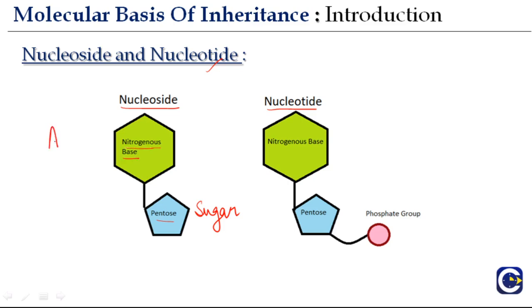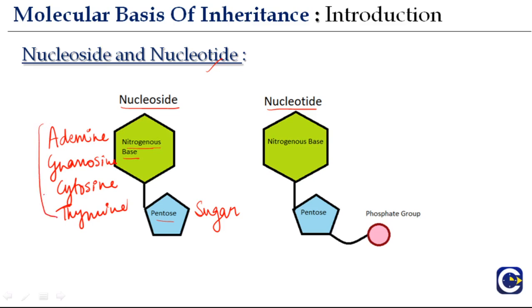And what is a nitrogenous base? There are 5 different types of nitrogenous bases. The first one is adenine, guanine, cytosine, and thymine, so these are the 4 that are present in the DNA. And the 5th one is uracil.